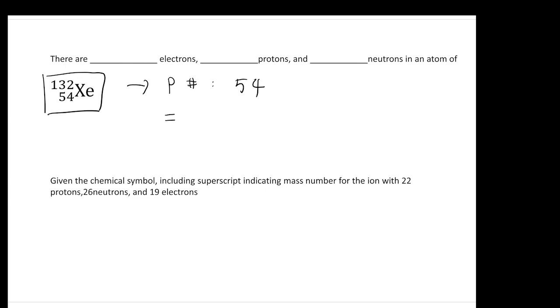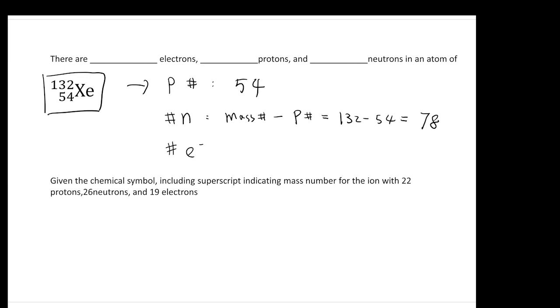Then the number of neutrons can be calculated from your mass number minus your proton number, which is 132 minus 54. That gives you 78. So you can figure out your number of neutrons through this simple relationship.